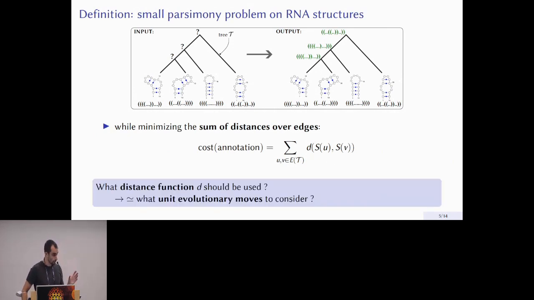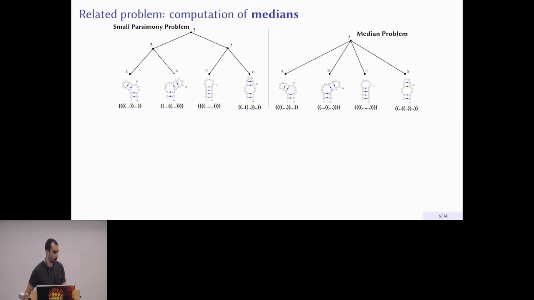Of course, a central concept in this definition is the distance function that should be used. Behind that choice is what you consider as your basic unit evolutionary moves in structure evolution, so a lot of the modeling goes into that. A related problem is the median problem.